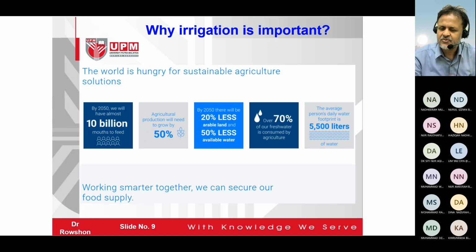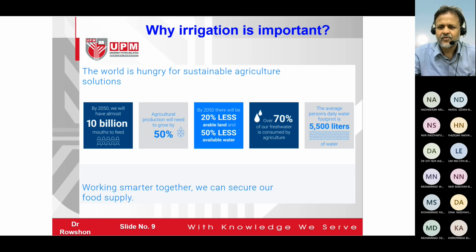Surface irrigation system would not be recommended in the future because the efficiency is very low. Surface irrigation system, as I told you last time, has an efficiency of maximum 70%. 70% means a very nice irrigation system, but micro irrigation system efficiency is up to 95%.